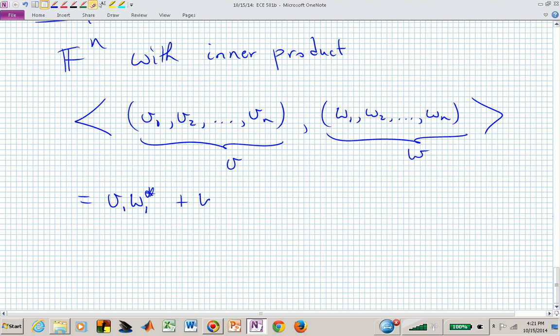But now we have v1 w1 star plus v2 w2 star, etc., plus v sub n w sub n star.